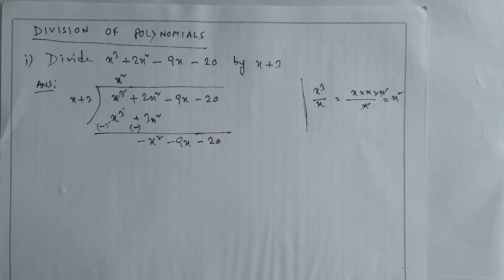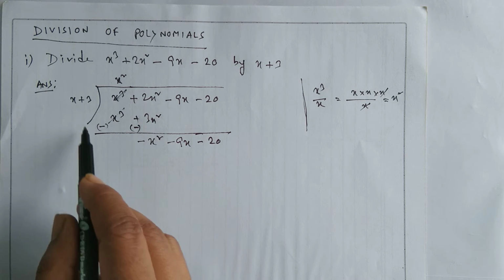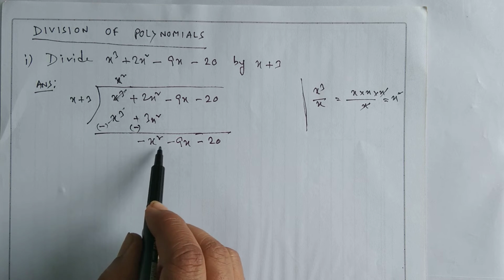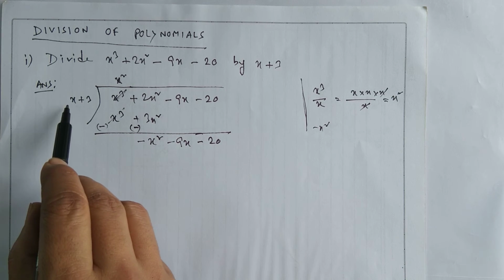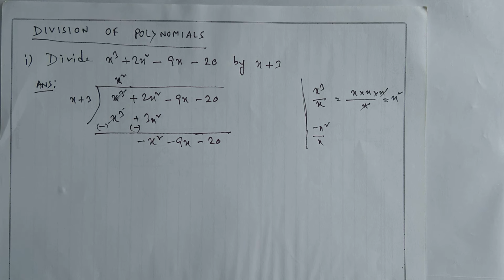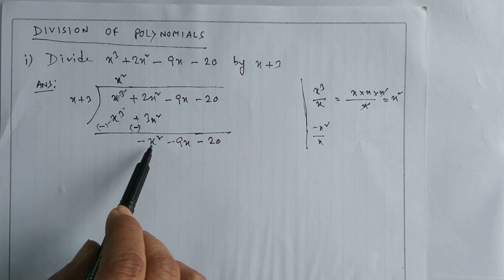Whatever steps I have followed here, the same steps are to be done again in the other parts. Next, you see the first term is minus x square, and the first term in the divisor is x. Let us divide and see how many times x goes into x square.